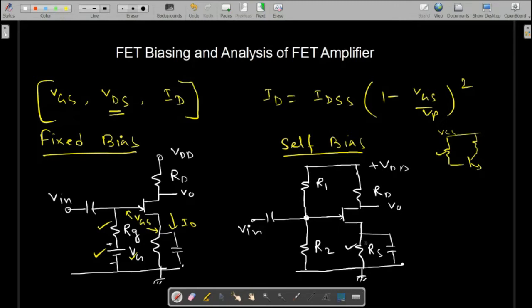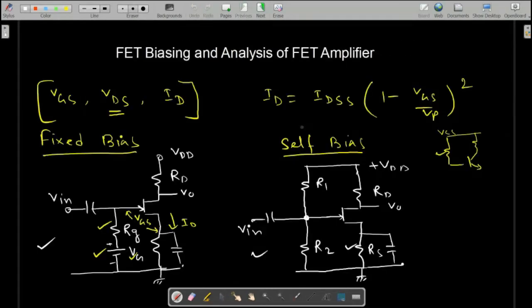Similar to BJT, the voltage drop across emitter resistance provides a negative feedback. So we have a fixed bias circuit for FET, and we have a self bias circuit for FET. Depending upon the requirement, you can apply a suitable biasing circuit. So this is basically the basic idea about FET biasing.